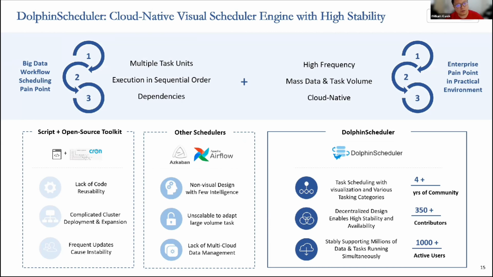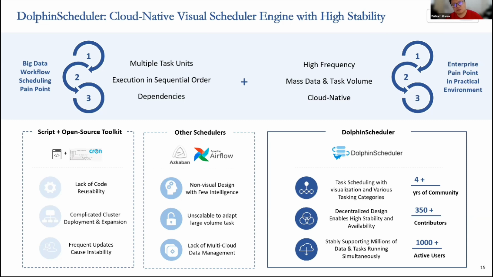Then there are Azkaban and Airflow to support scheduling, but these tools do not have visual design, so you have to code with Python or Java to create a workflow job. Also, Azkaban and Airflow are not multi-master and multi-worker, so they cannot support a large volume of tasks very easily, and they lack multi-cloud data management.